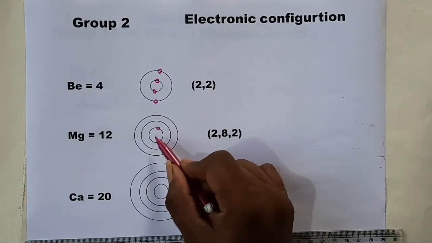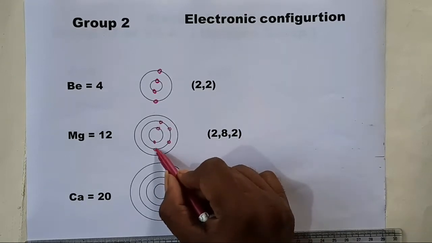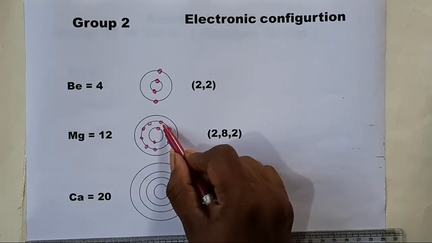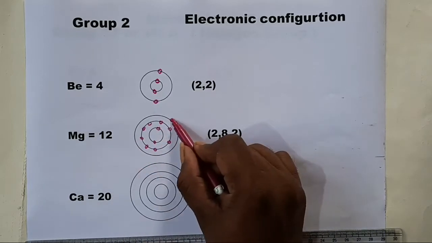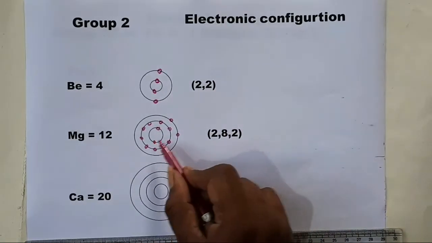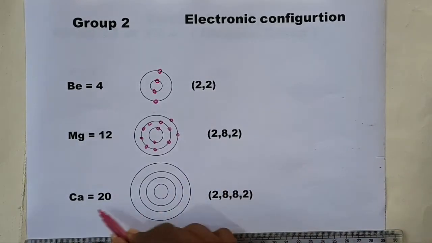So in the first shell 2 electrons. Second 1, 2, 3, 4, 5, 6, 7, 8. So 2 plus 8 is 10. How much is remaining? 2. So the electronic configuration is 2, 8 and 2.